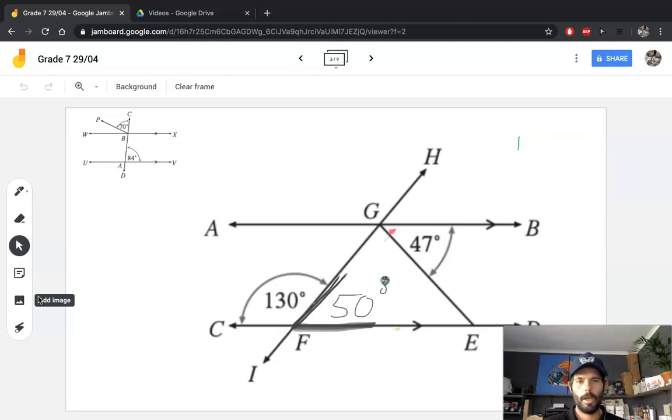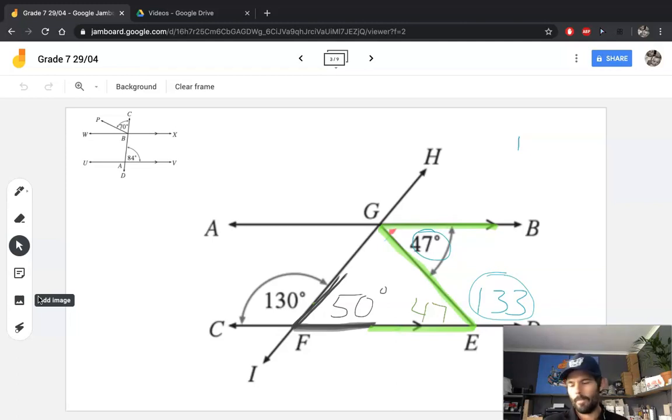I'm then going to look at an alternate angle. So here would be your Z. So I know that that's 47. If that's 47, then the angle next to it that's on a straight line is going to be 133. And if I wanted to check, 133 and 47 are co-interior and supplementary, and they are.